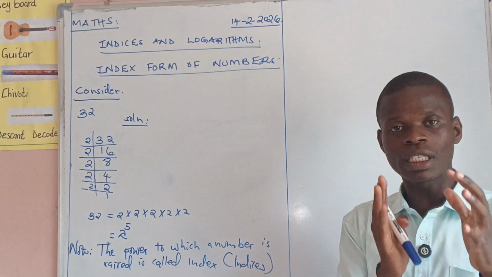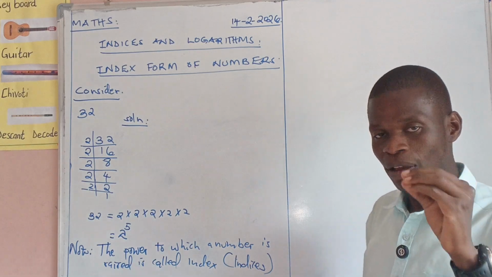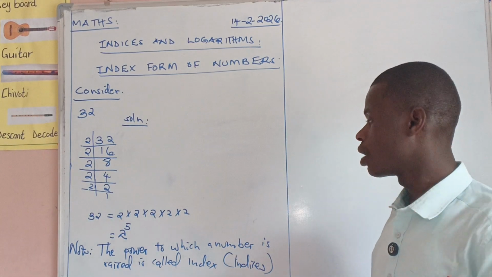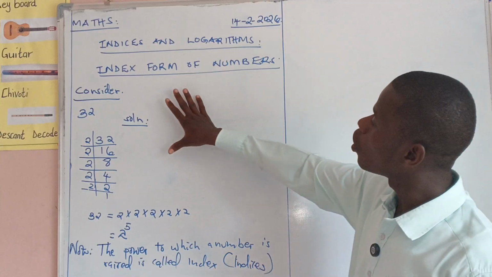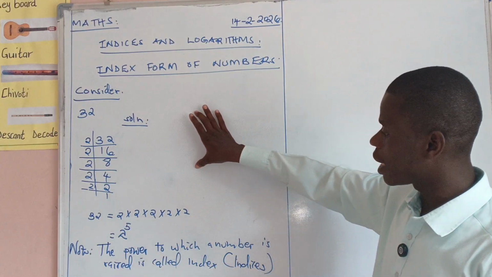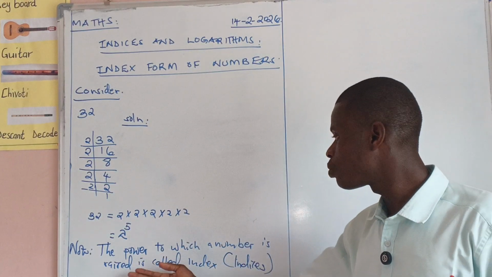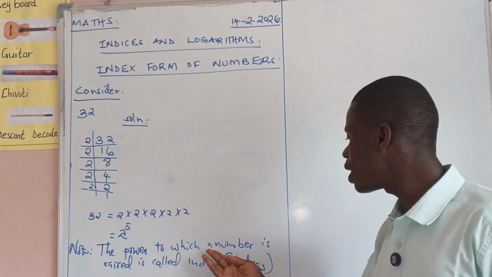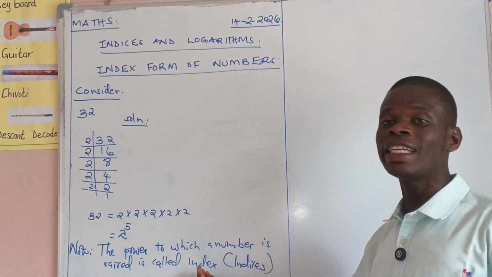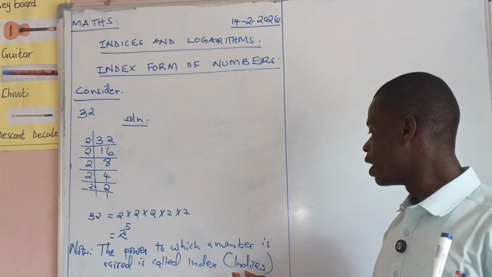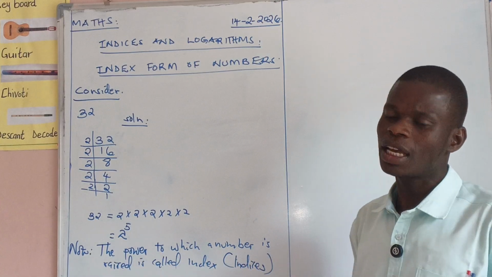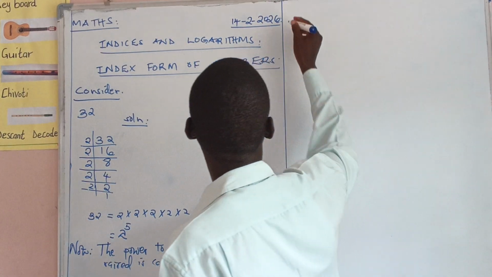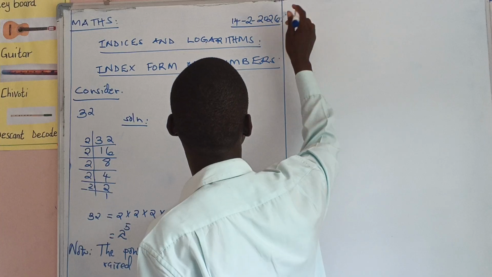That is expressing a number as a product of its prime factors in power form, also referred to as index form. The power to which a number is raised is called the index when it is 1, indices when there are many. As simple as that. So let us consider example 1 here.